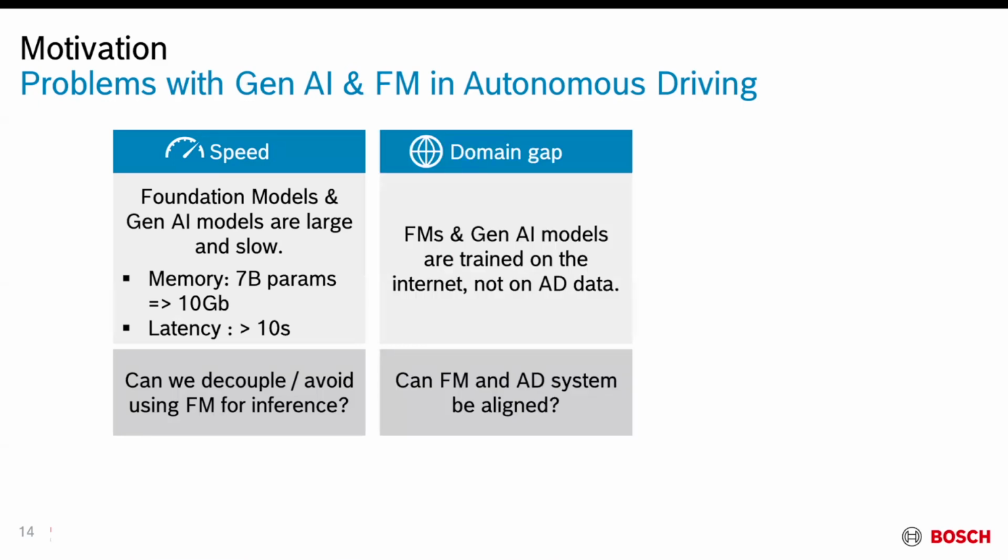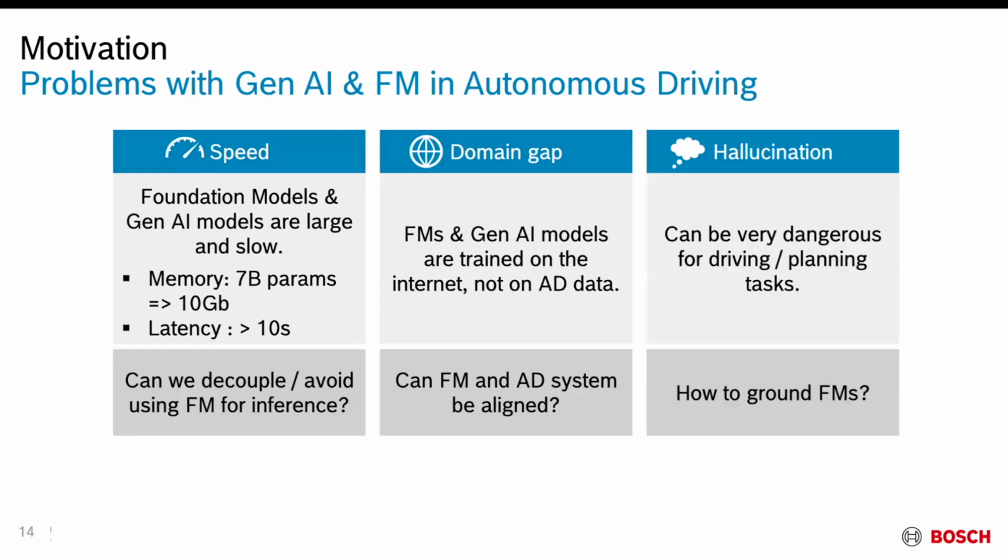Another problem, as I mentioned, is that these models are not trained on autonomous driving data. So we also need to address the domain gap. We need to ground those models. And hallucination is a very important problem here. If we directly use it, and for example, the model hallucinates a person in a wheelchair as a motorbike, then the car is not going to slow down, and that might result in a huge accident.